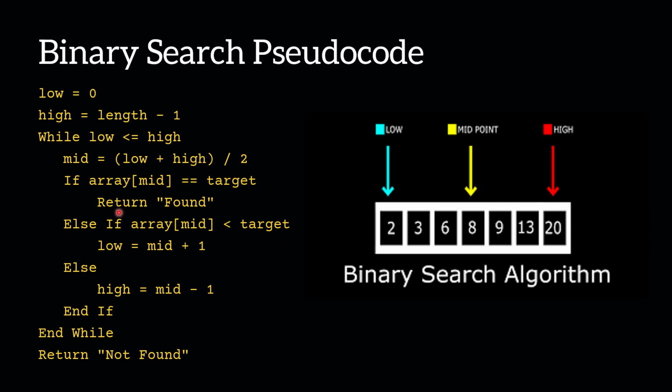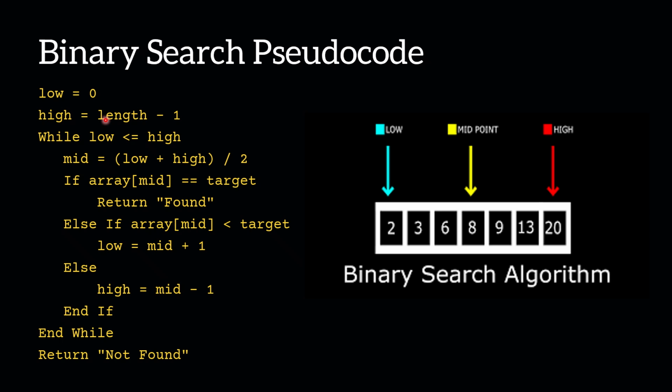So here's how binary search looks in pseudocode. The first step is to define the search range. So low equals 0. This represents the starting index of the current search range. Initially, it's going to be the first element. And then high equals length minus 1, which represents the ending index.